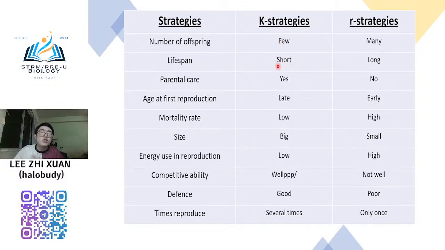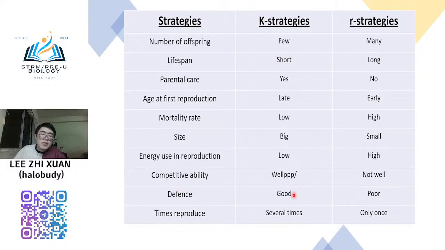Lifespan is very long, and there is parental care, and then the age at first reproduction is very lambat, late. Mortality rate during the early stage is low. The size of the organism is big, and then energy used in reproduction is low. Competitive ability is good.